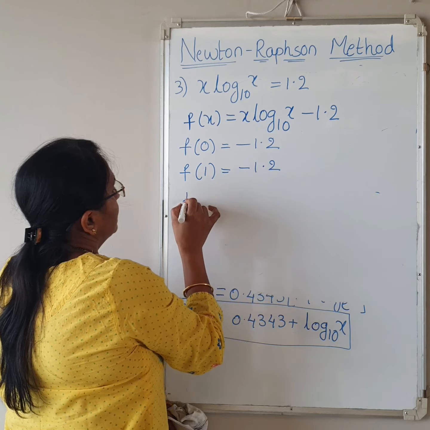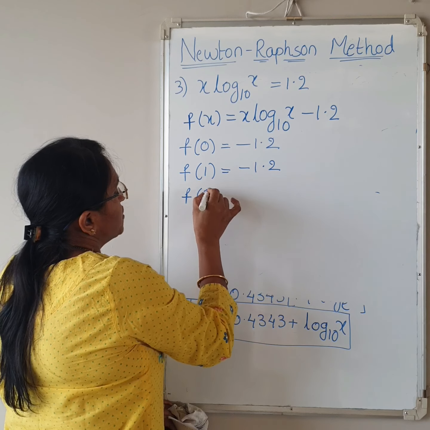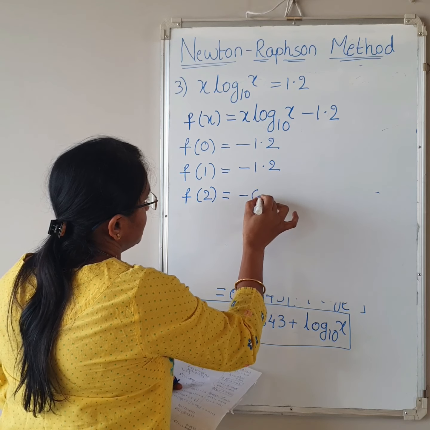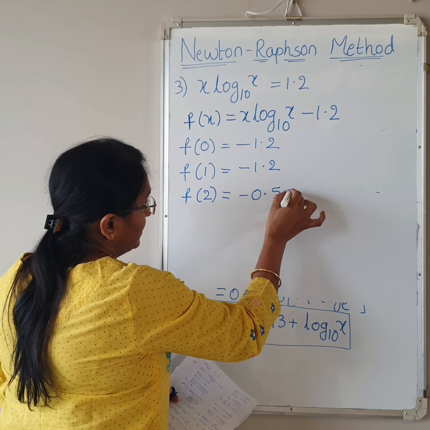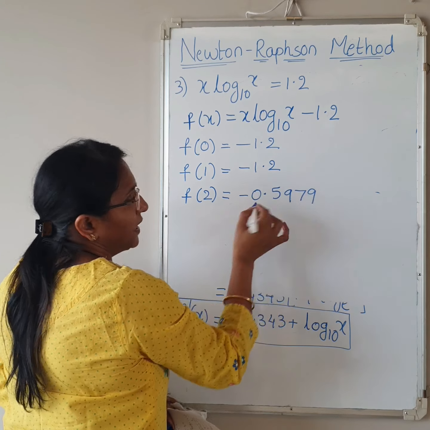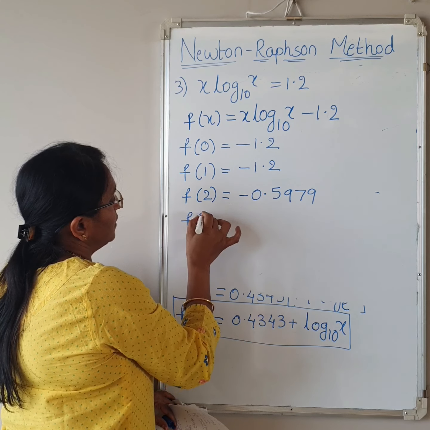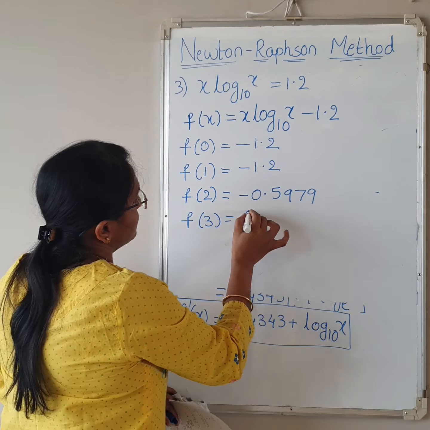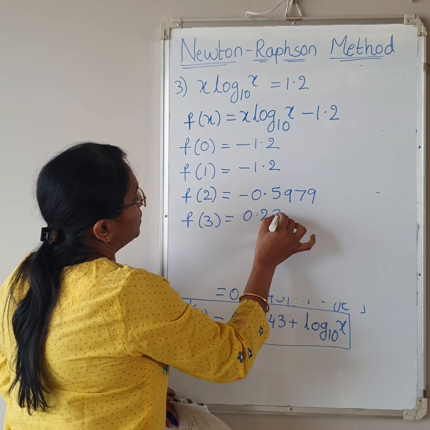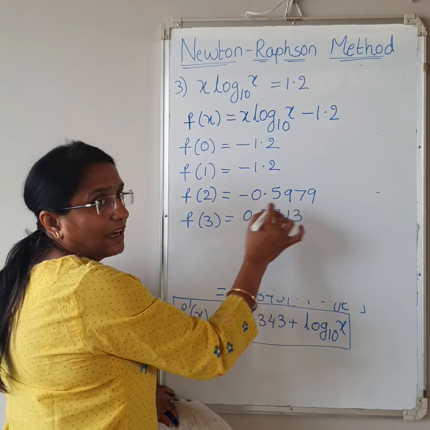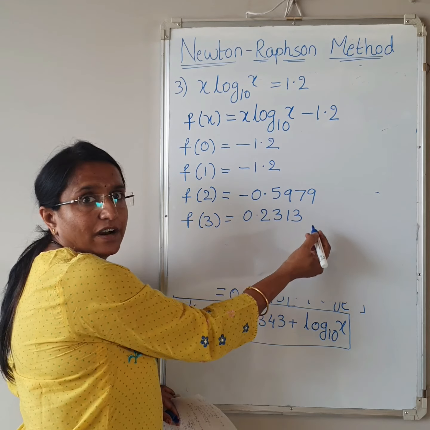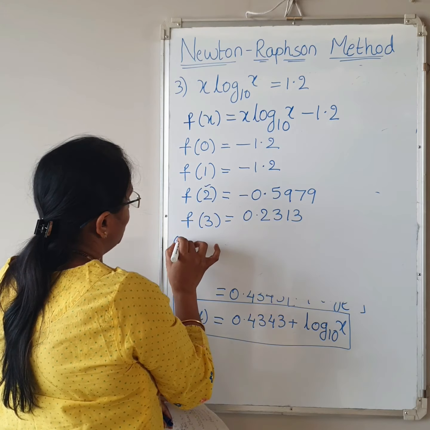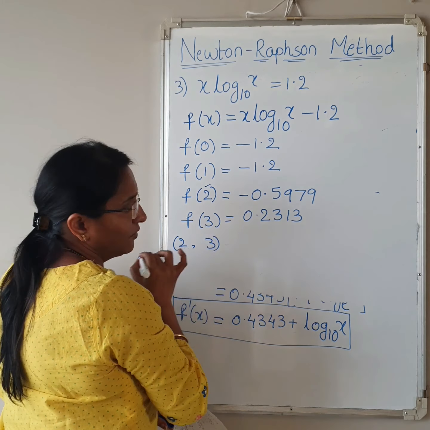Then f of 2, we get minus 0.5979. Again it is negative. So we will go to the next value, f of 3. Its value will be 0.2313. So this is negative and this is positive. So our interval is 2, 3.